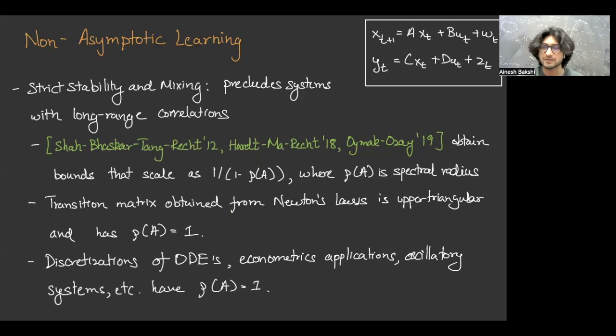This is an issue when the dynamics matrices are obtained from physical laws, which typically result in upper triangular matrices A, where the spectral gap is actually 0, since the largest eigenvalue is 1. Similar dynamics matrices are also obtained in many other applications, including discretization of ODEs, oscillatory systems, etc.